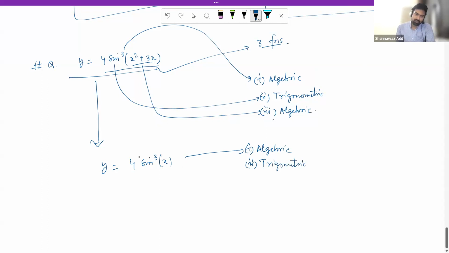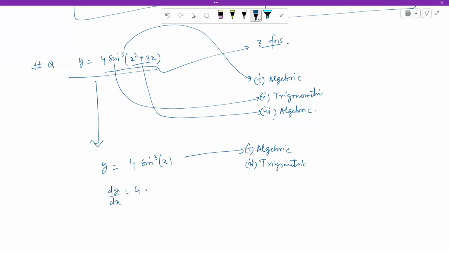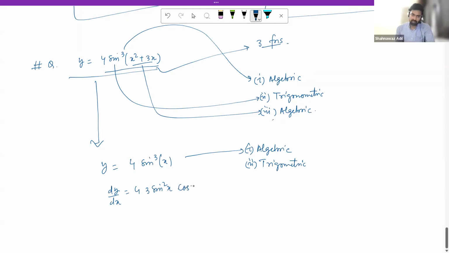If we do the differentiation of this thing, what do we get first? 4 is again out. 4 into 3 times 3 sine square x, and then we differentiate sine, which will become cos. So this would be 12 sine square x cos x. This would be the answer.